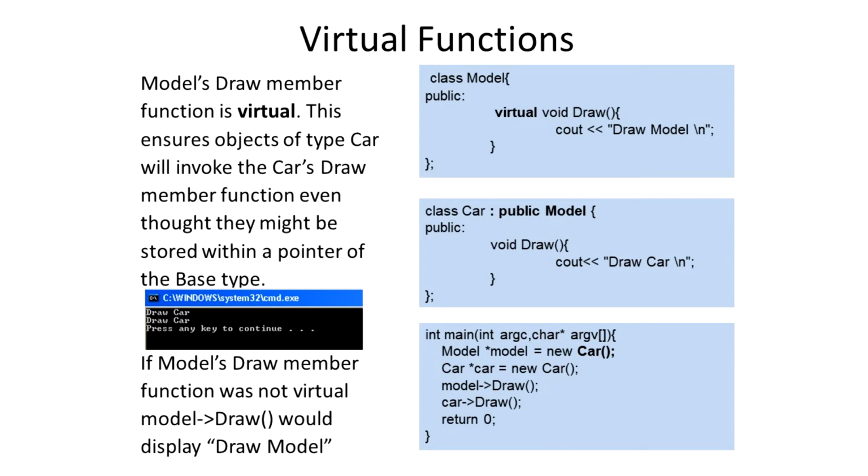As we've added the keyword virtual, we're enacting a dynamic binding, meaning that this is actually worked out at runtime. And this also allows us to call the child's function because we're pointing towards an object of child type, even though the pointer itself was declared of parent type, of model. Okay, so notice now that model pointing towards draw actually prints out draw car, which is the child's function.